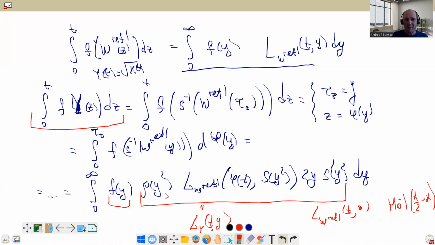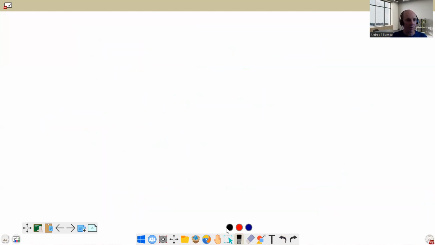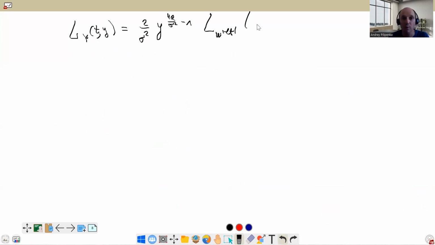So finally, you obtain the following result. The local time of y at the point t, y is equal to 2 over sigma squared y to the power 4a minus 1 over 4a over sigma squared minus 1 times local time of reflected Brownian motion at the point phi of t, scale function of y squared. So this is the answer.